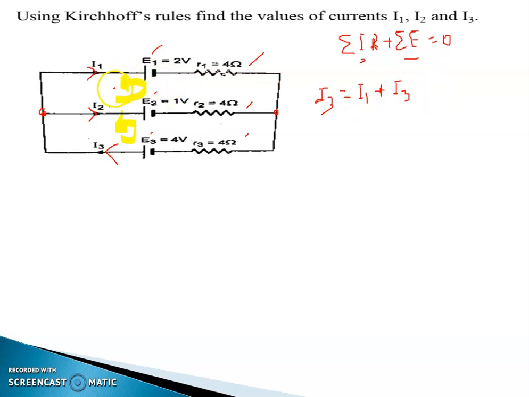So first, for the first loop, we have to frame the equation. What will be the equation? Current into resistance. What is the current in this 4 ohm resistance? I1, and this current is clockwise, so it should be taken as positive. So 4 into I1: resistance is 4, current is I1.